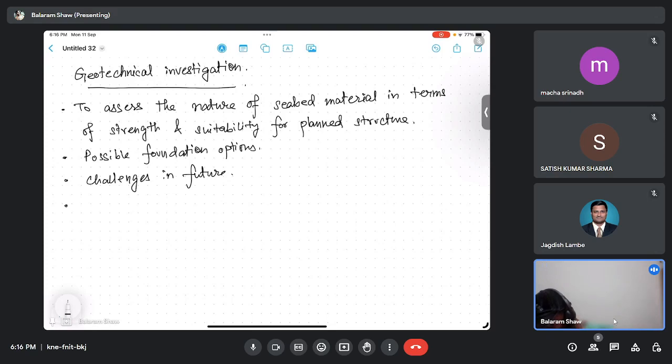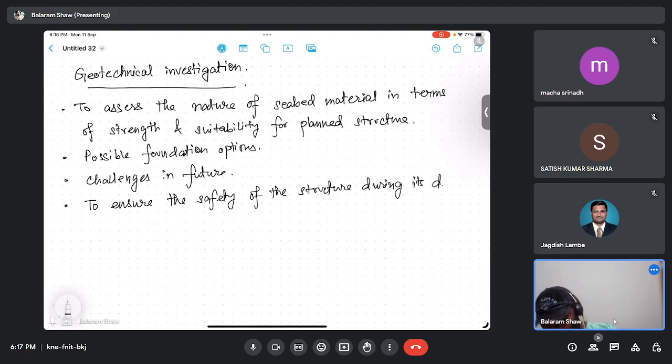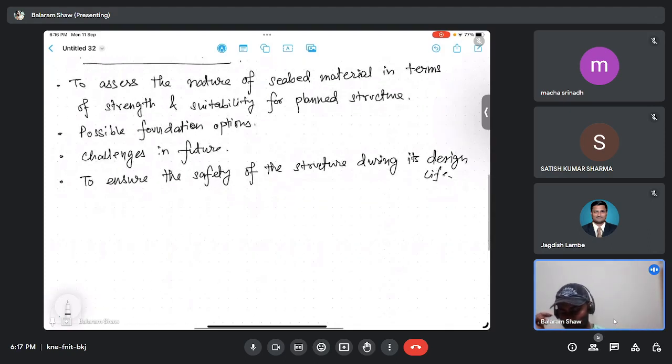So the fourth will be to ensure the safety of the structure during its design life. Okay, so for all this consideration we are going for geotechnical investigation.